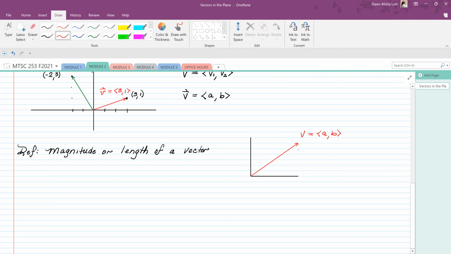That means I went A units in this direction and B units in that direction. So its length is to just use the Pythagorean theorem. Okay, so its length would be C.